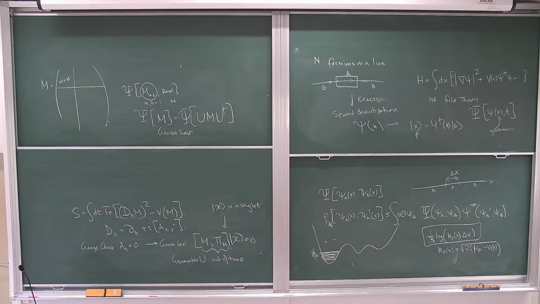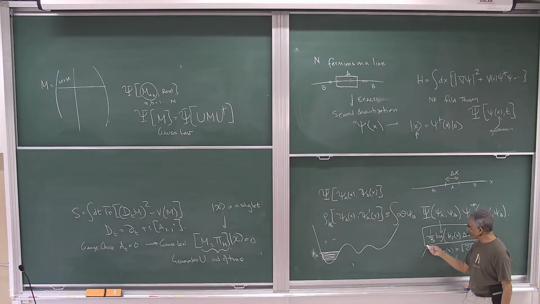The answer is suggestive. There are better ways of writing these answers, going to different coordinates, which makes it a little more transparent. But the two interesting things about this answer: the first thing is, it's a log. And then there is a factor which is 1/3.